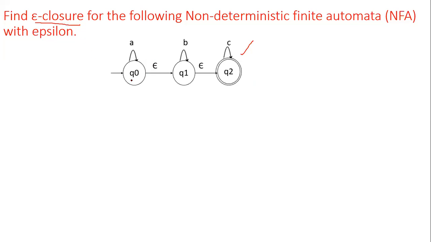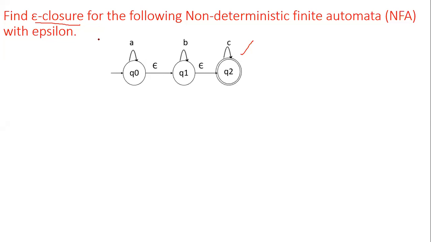How can we calculate the epsilon closure? Students, respond. Q0, Q1 and Q2. Yes, very good. So the epsilon closure of Q0 is Q0, Q1 and Q2.